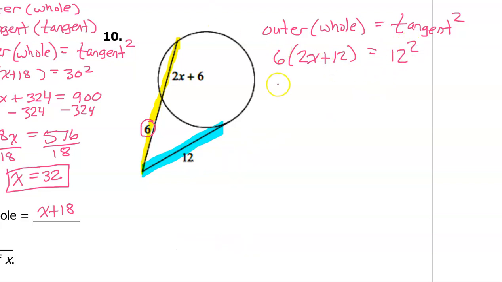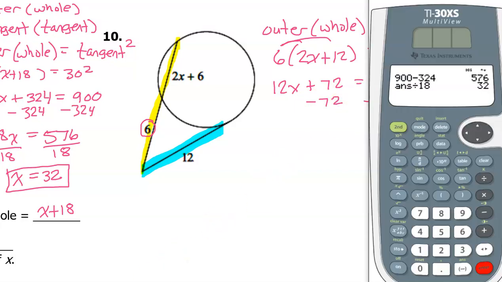Little distributive property gives us 12x plus 72. And then 12 squared is 144. So let's subtract 72 from both sides and see what we get.